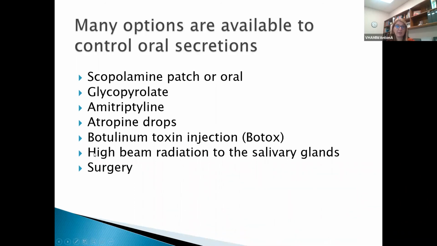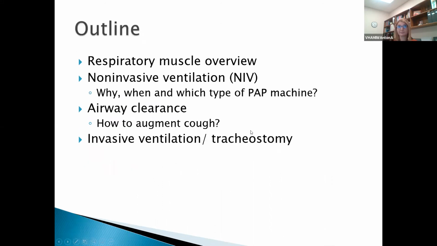If not, radiation to the salivary glands can work and can be considered. And surgery is listed in the articles. I have not yet seen a patient that requires surgery, and certainly surgery in patients who have limited lung reserve is something we need to be well aware poses additional risks.